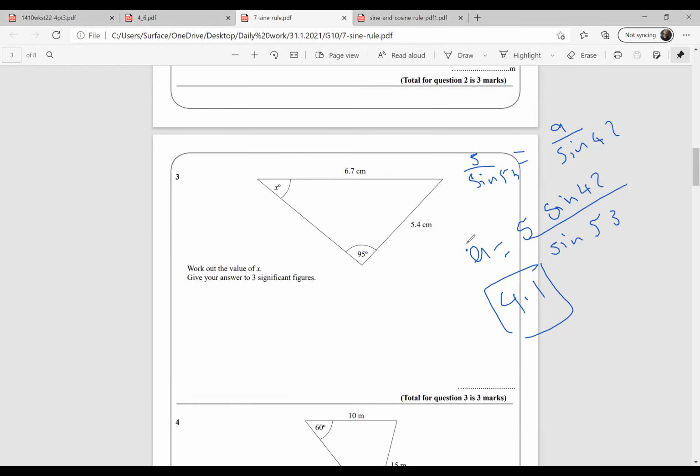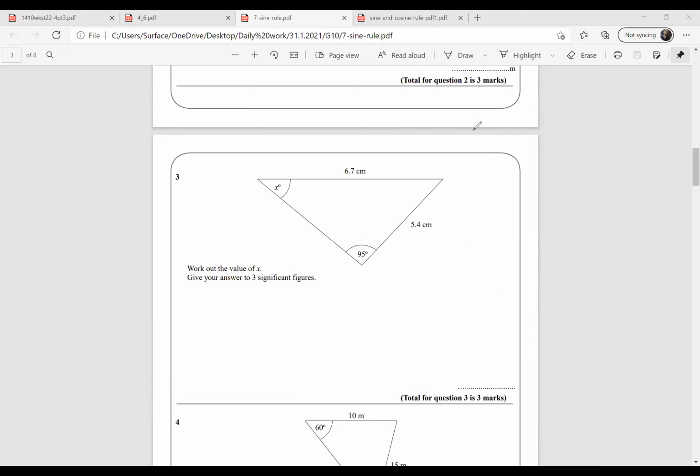Number 3. Please solve number 3. Who can solve it with me? Raise your hand if you know the answer.